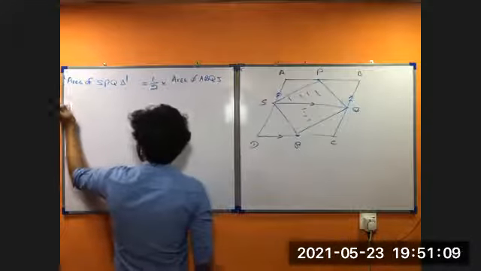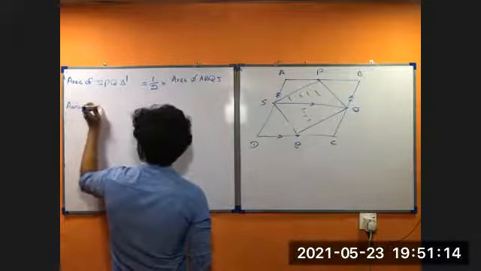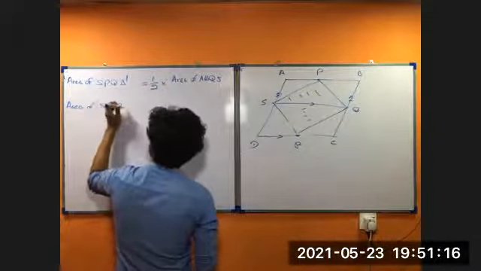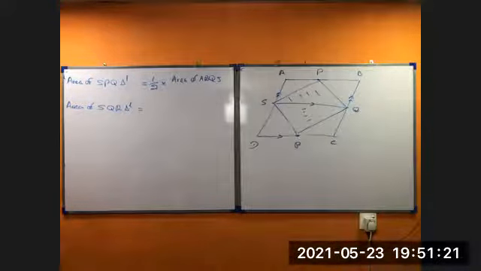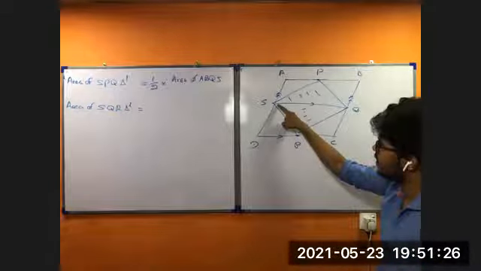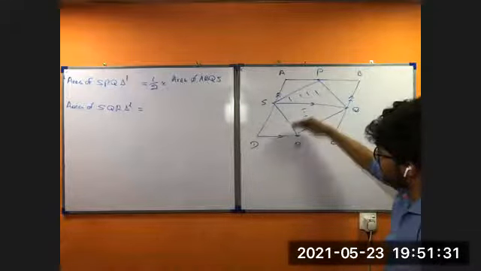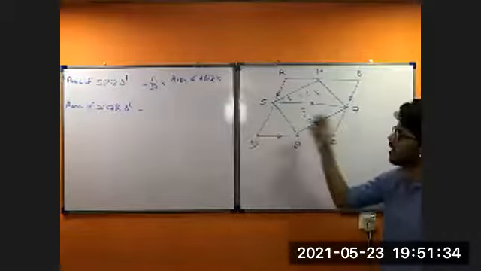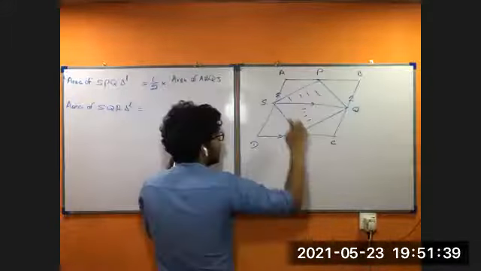That is going to be the area of triangle SQR. This triangle has the same base, and they are between the same parallel lines, so that relationship is going to come here, right? So SQR is going to be half the area of what?